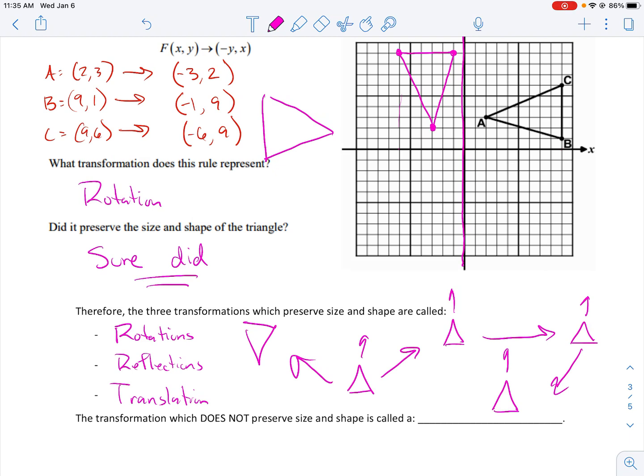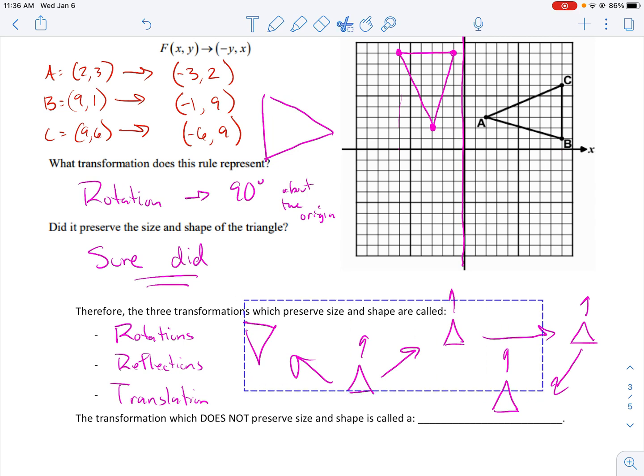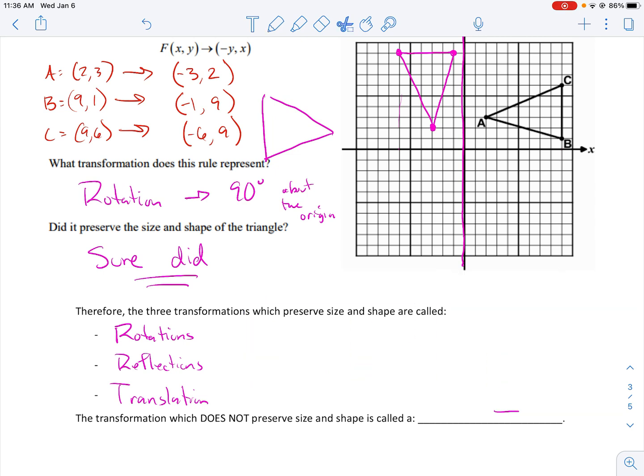So this is a rotation up here, and in fact it's rotated 90 degrees about the origin. We will discuss how, I will show you how to do that, but as of right now we are just trying to distinguish what kind of transformation we are looking at. So don't worry about that 90 degrees about the origin.